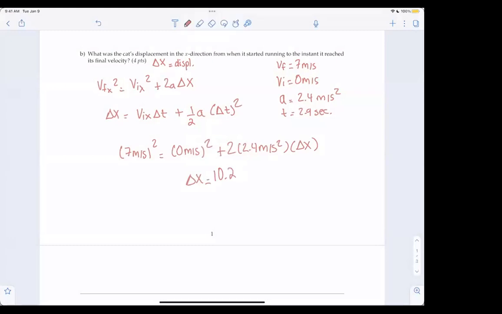Anybody not get 10.2? Anybody confused at all as to how we got these numbers or how 10.2 is the correct answer?